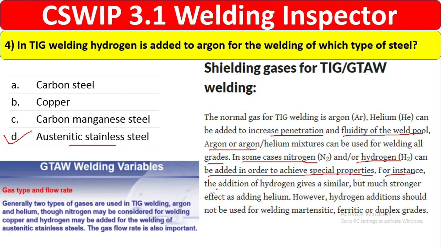For instance, the addition of hydrogen gives a similar but much stronger effect as adding helium. However, hydrogen addition should not be used for welding martensitic, ferritic, and duplex grades. So you understand the shielding gases used in TIG welding. The answer is 4D.